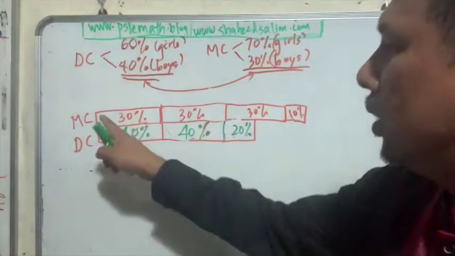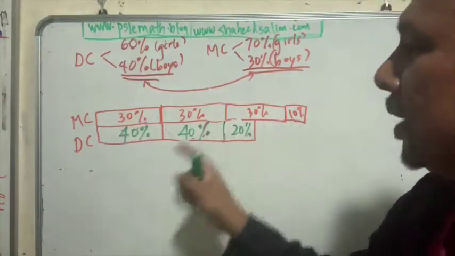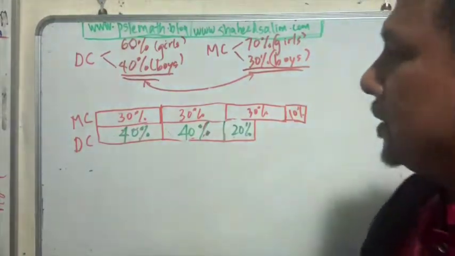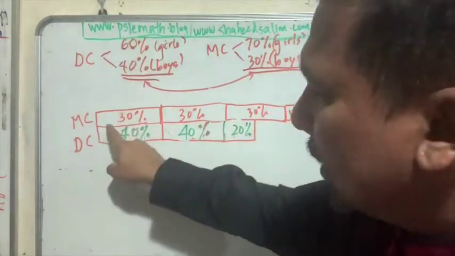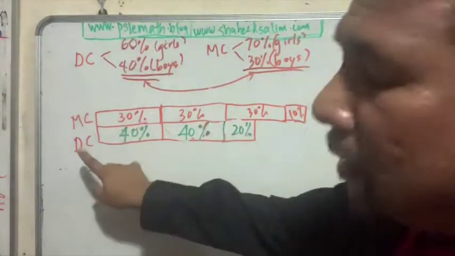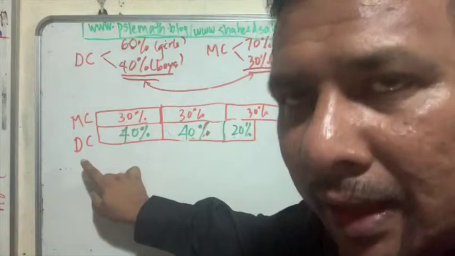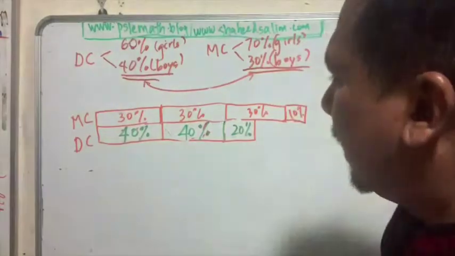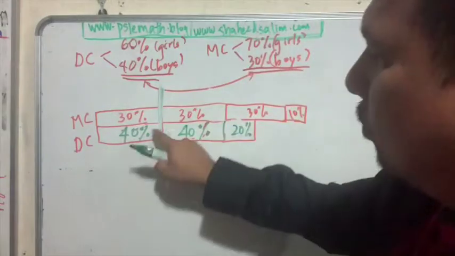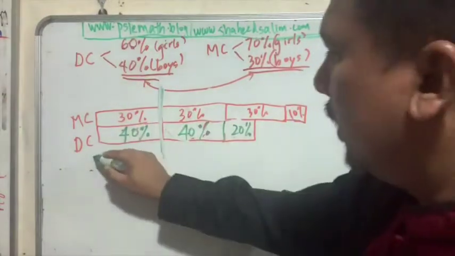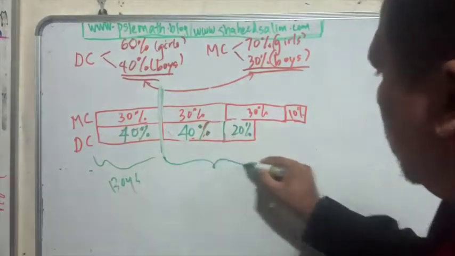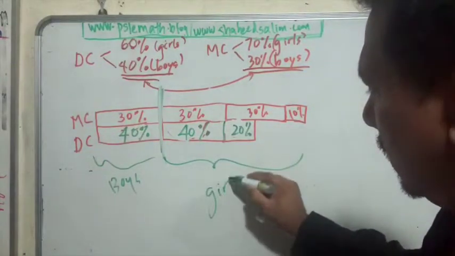In fact, they tell us that the number of boys are the same, but there are fewer girls in the dance club than the media club. Now, let us draw this line here. These are boys, and the rest here would be girls.